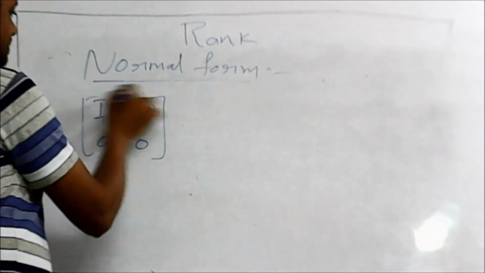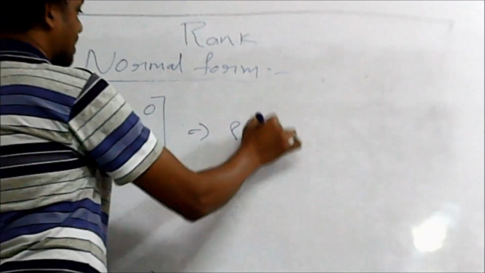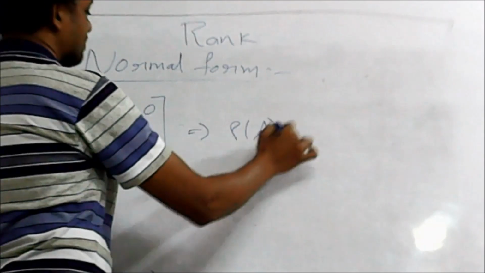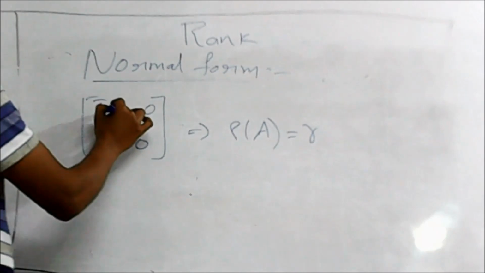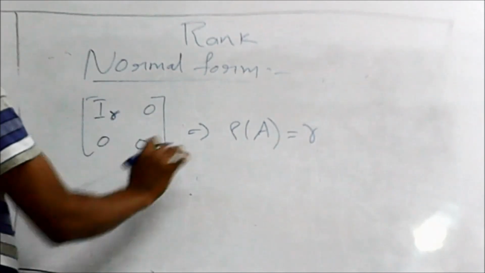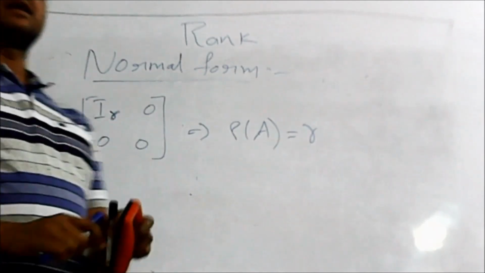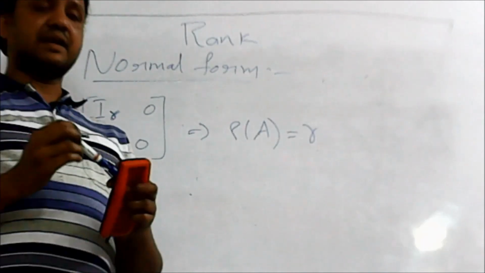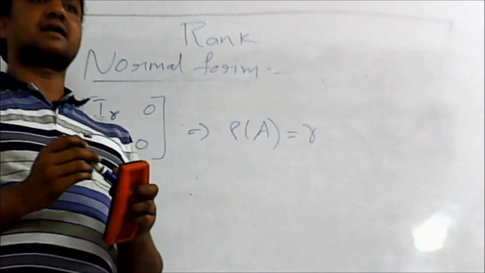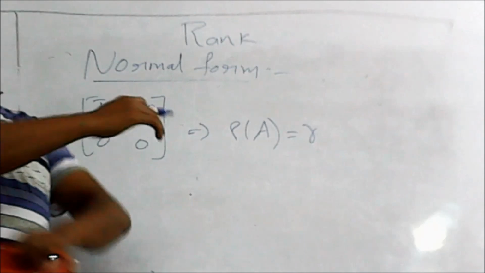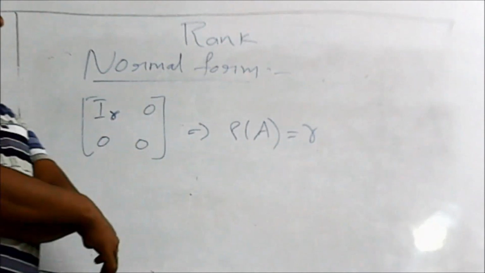Then the rank of the matrix is R. Normal form means it is of the form IR 0 0 0, so the rank of A is R. This form is called the normal form of A.